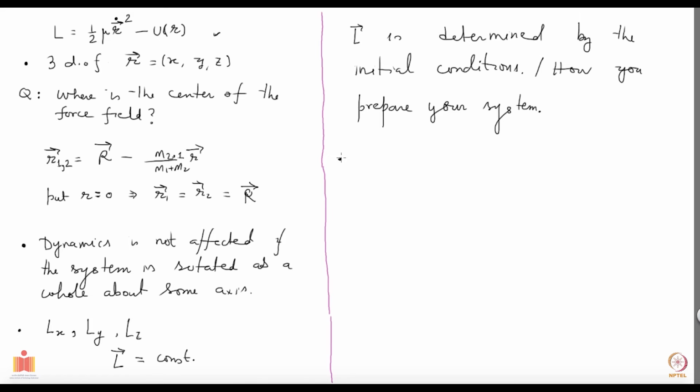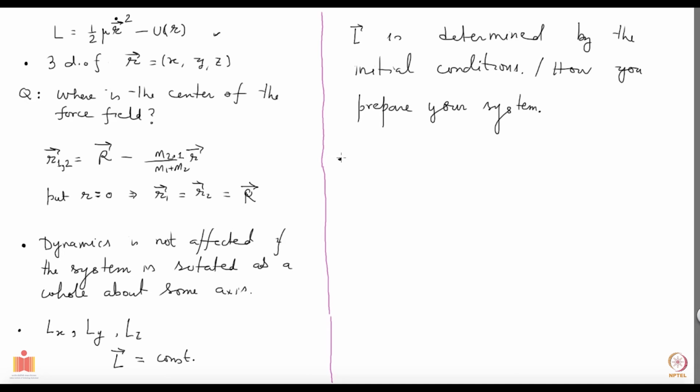You take particle number 2 and fire it directly towards particle number 1. If you do so, the angular momentum would be 0. You should be able to immediately realize this just from the definition of angular momentum: the angular momentum about the center of mass, or about r equal to 0, will be 0 for this system. This particle will be going directly towards particle number 1. So I prepared my system such that the angular momentum is 0.